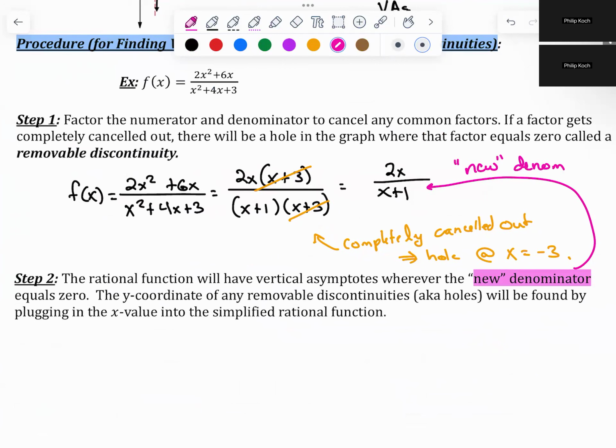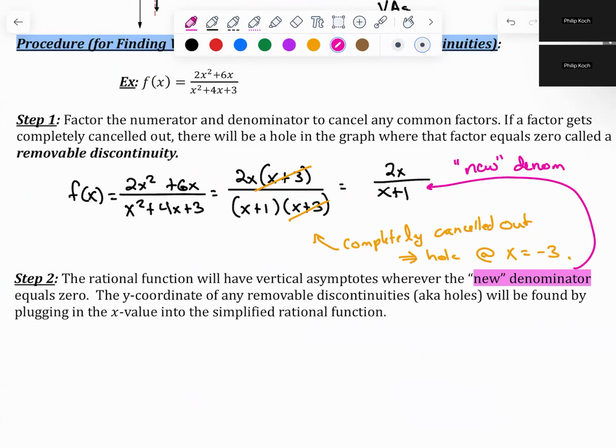I put new in quotation marks though, because more often than not, nothing will cancel. More often than not, when you're tasked with graphing a rational function, you'll factor it and nothing will cancel. That is the goal, that is the hope, that nothing cancels. That is the nicest case. So I say new denominator because sometimes nothing cancels, and so your new denominator is also your old denominator, but we'll see that in a moment.